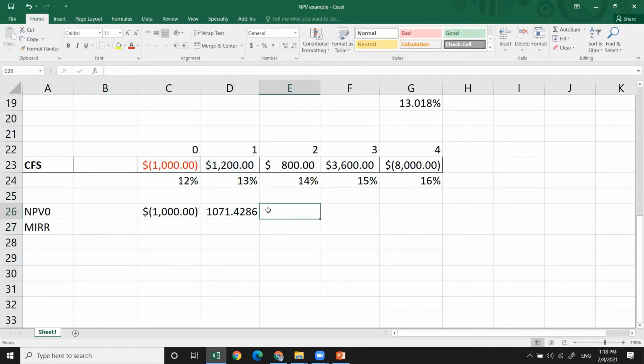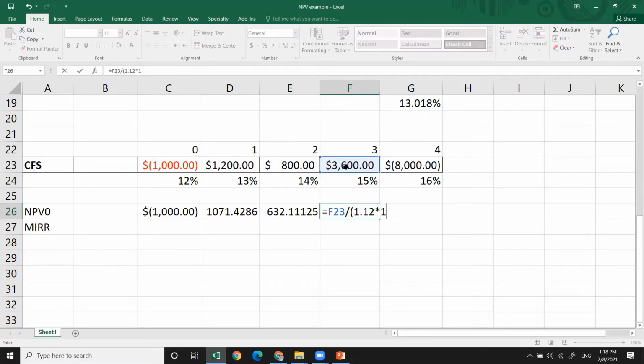Then we discount this 800: 1.12 times 1.13. Then we discount this 3,600: 1.12 times 1.13 and times 1.14.